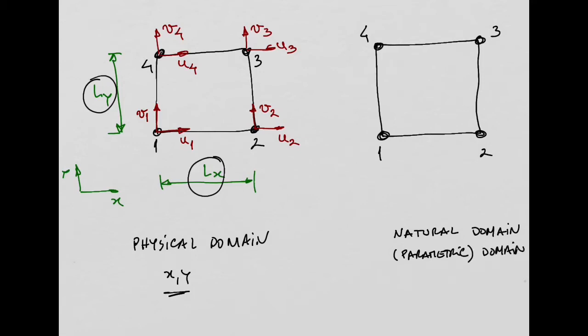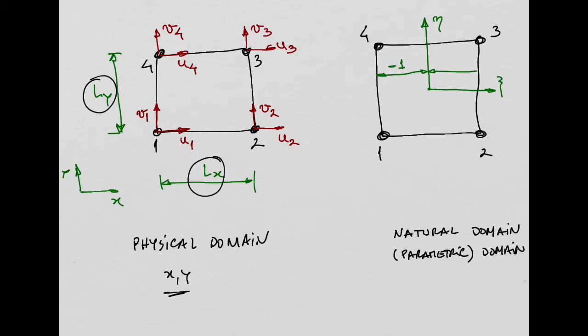Okay, and the good thing about this domain is that we'll have at the center of the element our coordinate system, which commonly is called by these Greek letters xi and eta, and this distance from here to here is -1.